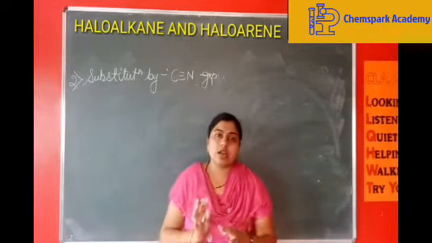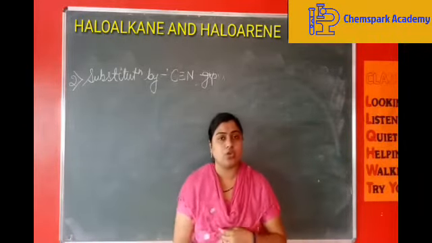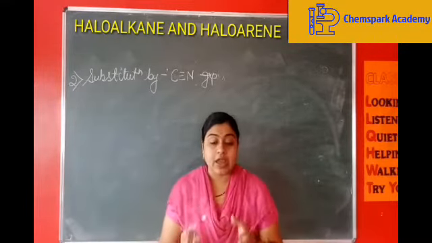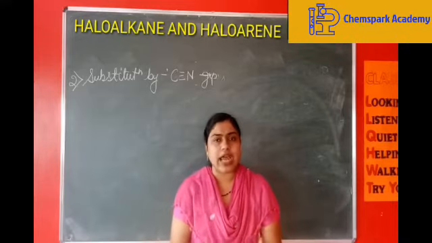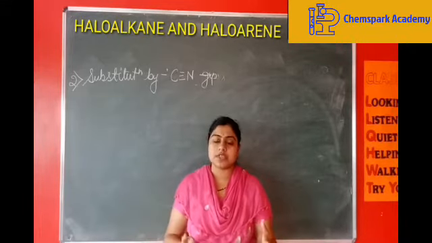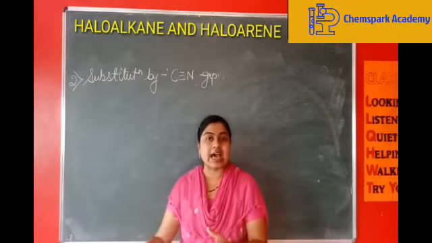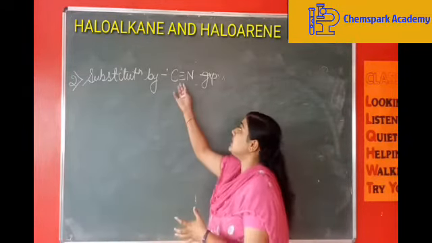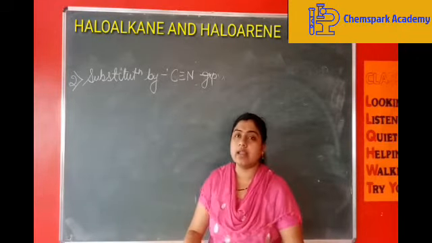When we talk about replacement or substitution, CN minus is also a type of nucleophile. We have seen that when we react haloalkanes with potassium cyanide or sodium cyanide, we obtain alkyl cyanides. That is, the CN group gets attached to the alkyl group.